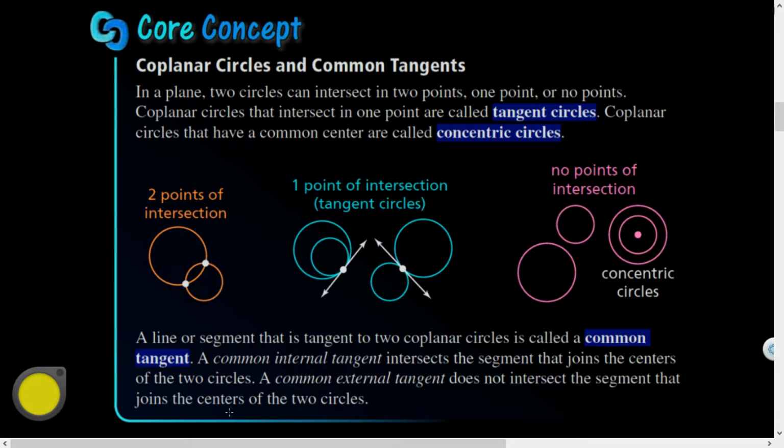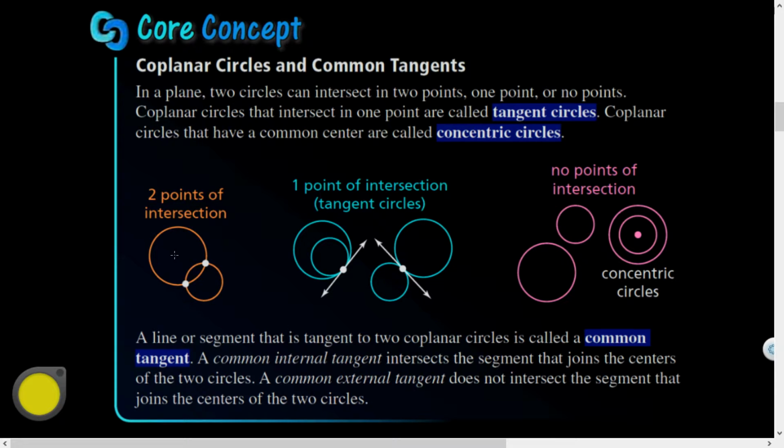So let's see. A line segment that is tangent to two coplanar circles is called a common tangent. A common internal tangent intersects the segment, key word right here, the segment that joins the centers of the two circles. Okay, that's going to be interesting.